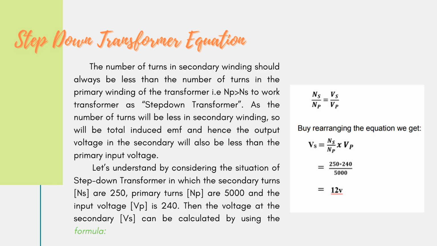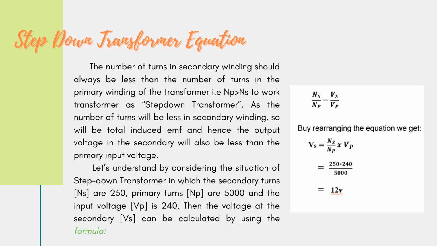The number of turns in the secondary winding should always be less than the number of turns in the primary winding of the transformer, i.e. Np > Ns, to work as a step-down transformer. As the number of turns will be less in the secondary winding, the total induced EMF, and hence the output voltage in the secondary, will also be less than the primary input voltage.